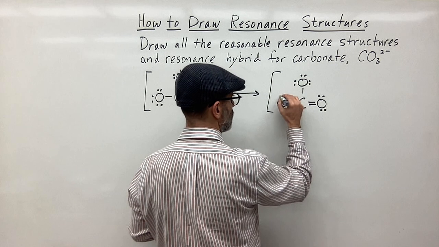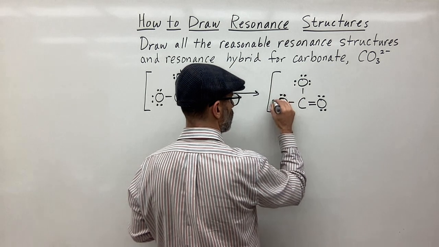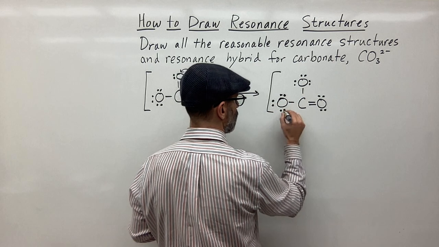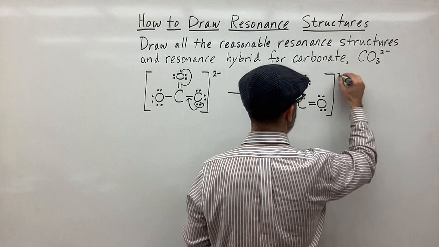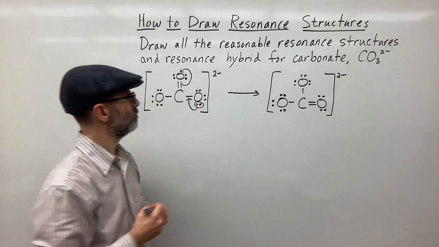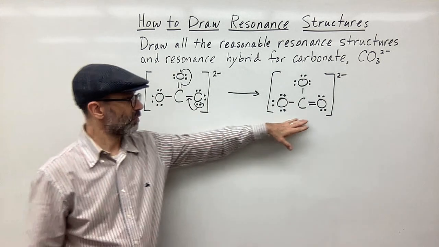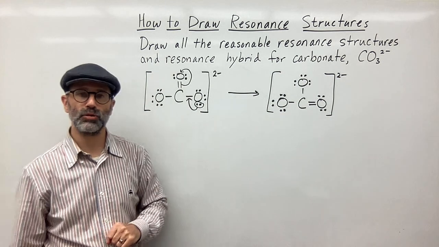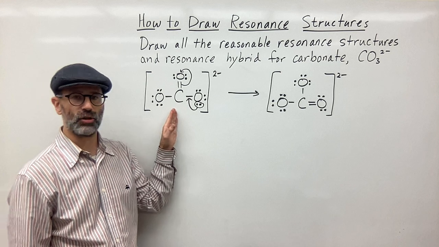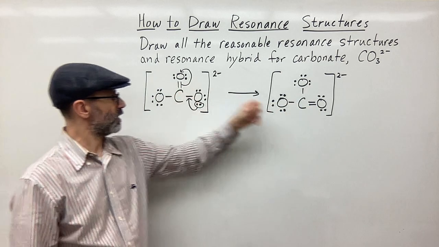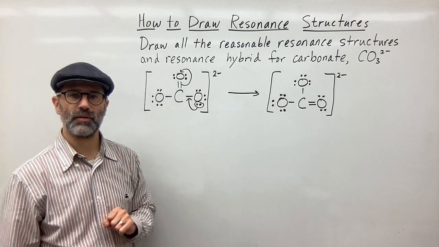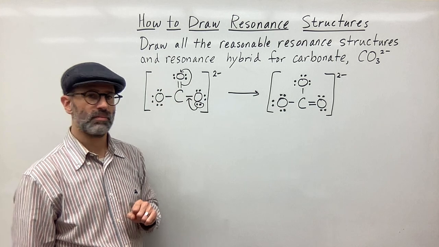And then this one is the same as before, so it's going to have 3 lone pairs there. And you've got your 2 minus charge. That would be another possible Lewis dot structure that's pretty much identical to this one, except that the double bond is between a different oxygen and the carbon.